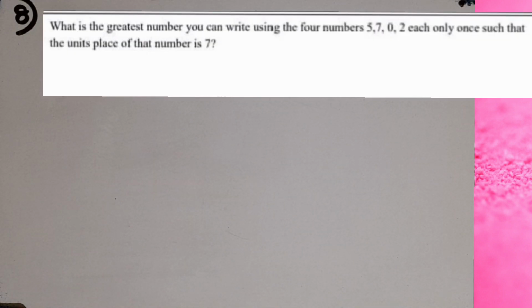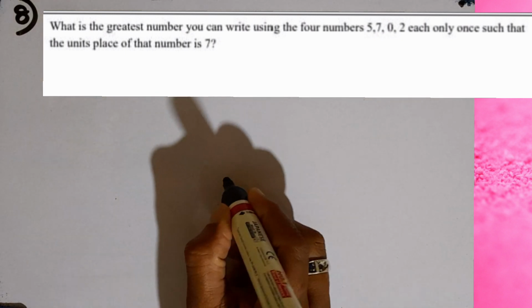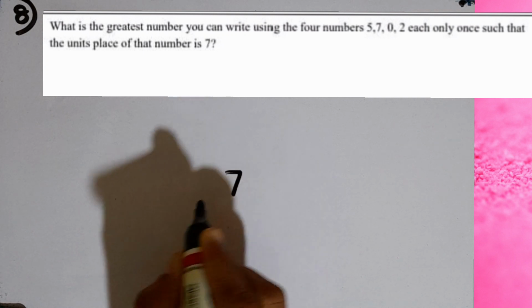Question number 8. What is the greatest number you can write using the four numbers 5, 7, 0, 2, each only once, such that the units place of the number is 7? They have given that the units place should be 7.